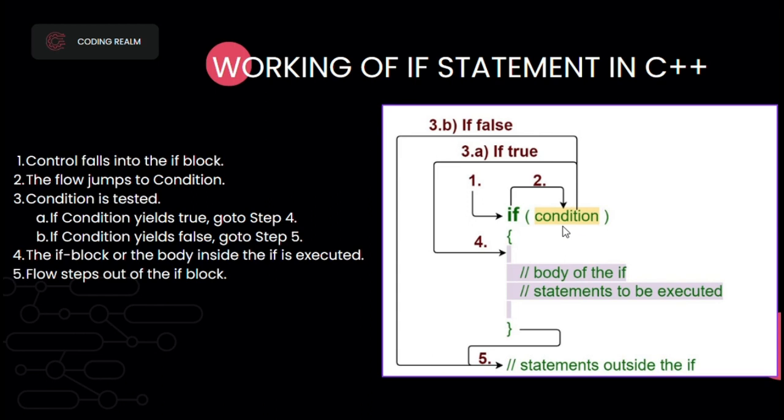If the condition is true, I go to step 4 to execute the statement. And if the condition is false, I go to step number 5, which is the statement outside the if.